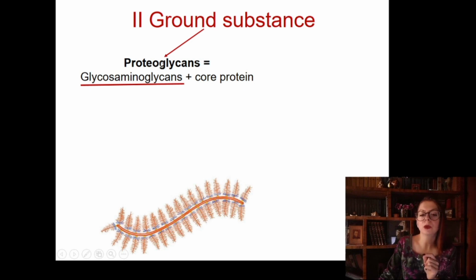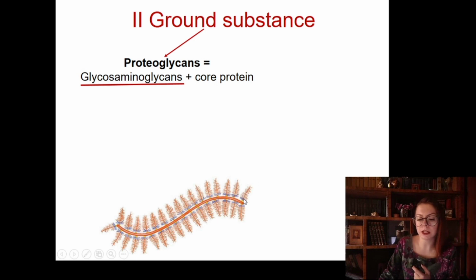That's why proteoglycan, meaning that glycan is at the center of the molecule. This is the most important part, while protein plays a secondary role. And proteoglycans are made up of only one core protein, again because protein is the secondary molecule in this case, and many glycosaminoglycans, which are sugars.